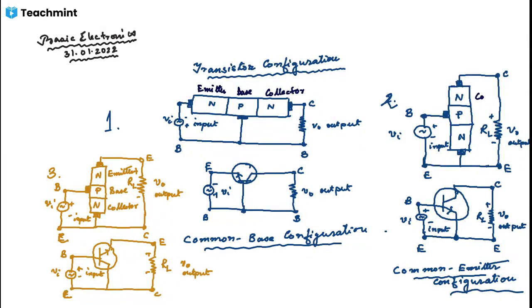This is collector, base, and emitter. This configuration is called common collector configuration.